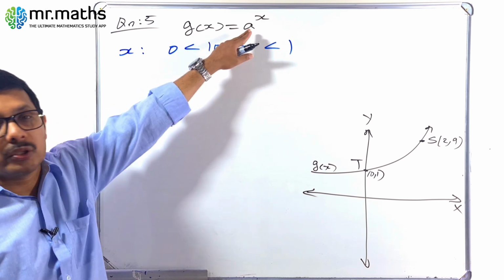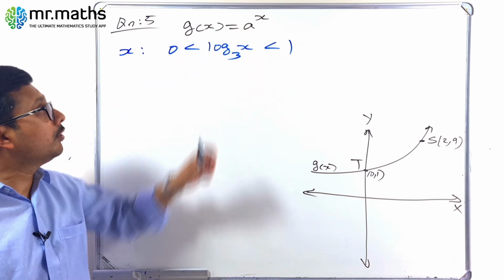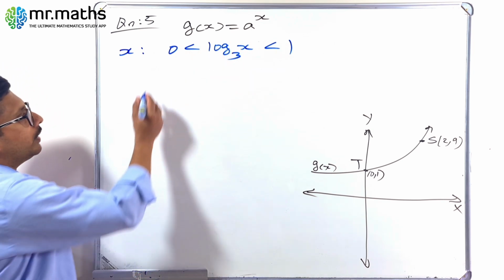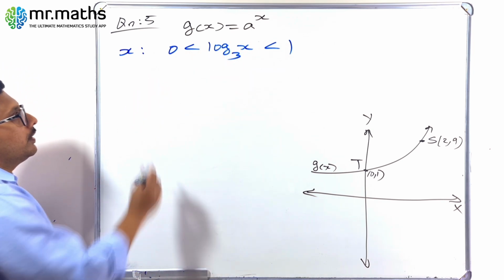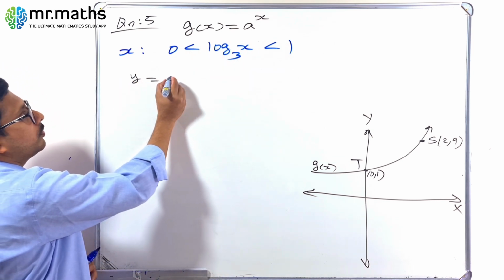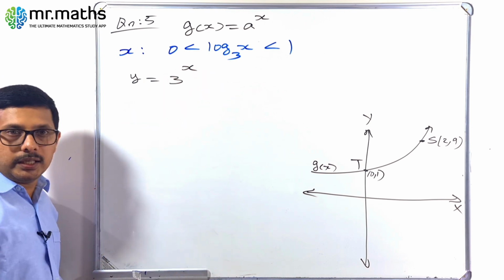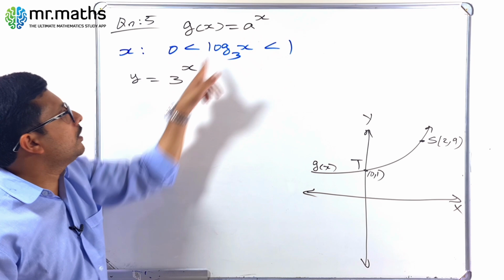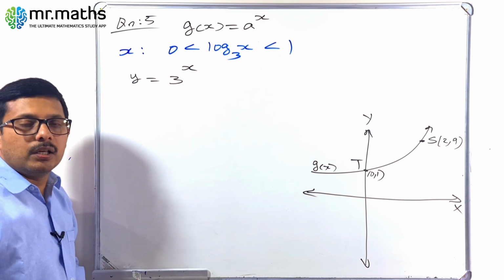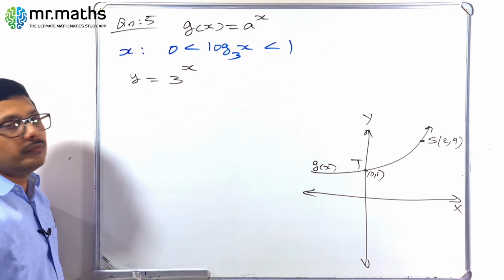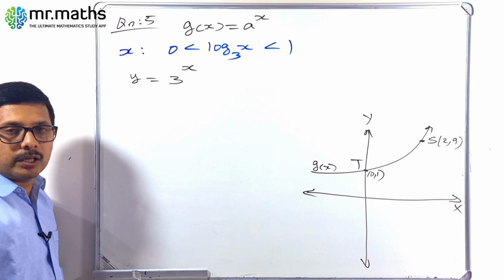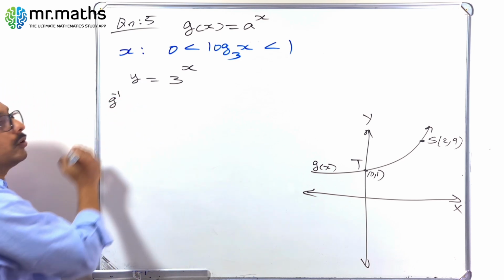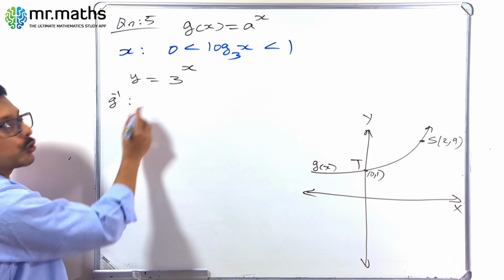g of x is equal to a raised to x. We got the value of a as 3. Do you remember that one? So let me write it like this: y is equal to 3 raised to x. If I want to write the inverse of this graph, I have to swap x and y.